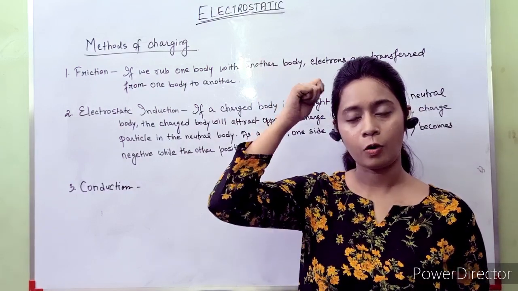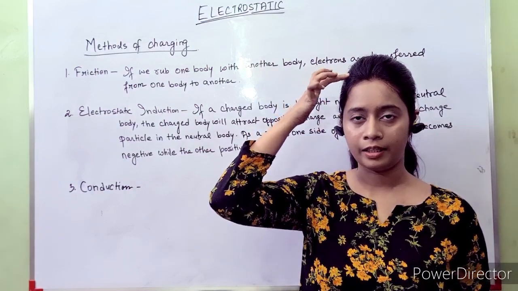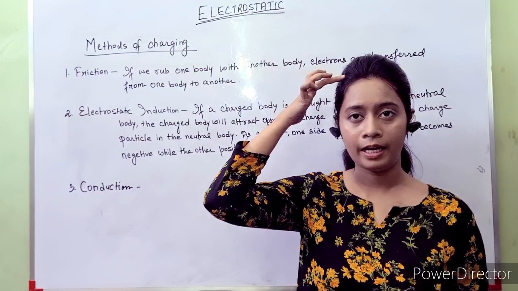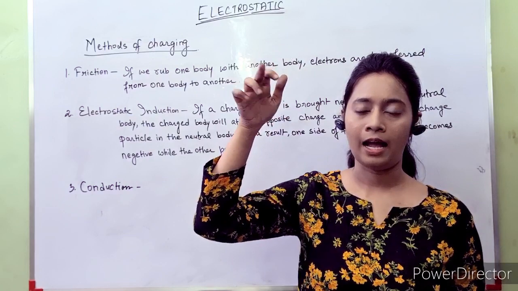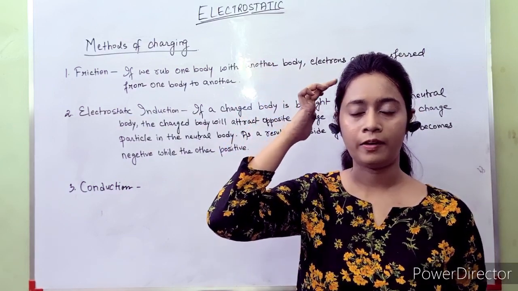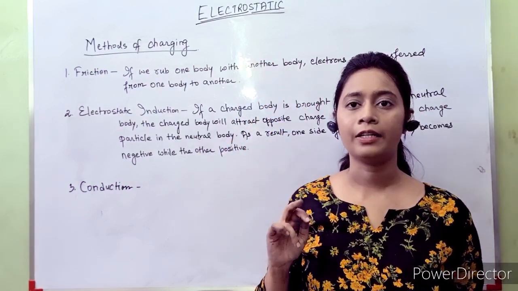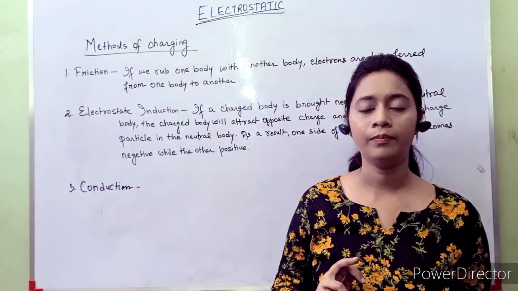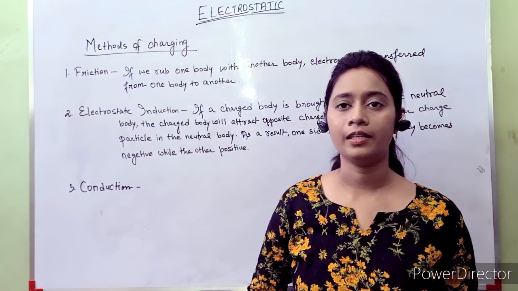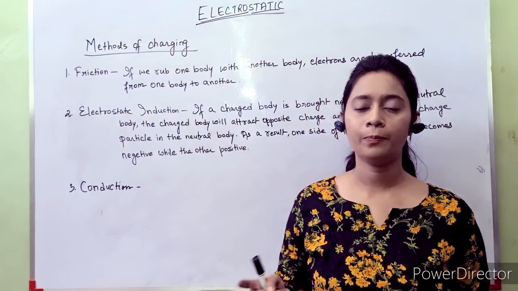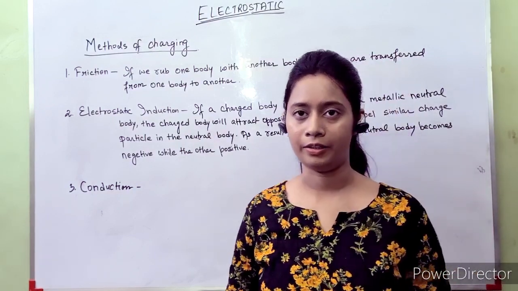When we rub the comb on the hair, the electrons from the hair go to the comb, and due to the deficiency of electrons in the hair, the hair becomes positively charged and the comb becomes negatively charged, and due to opposite polarity they attract each other.